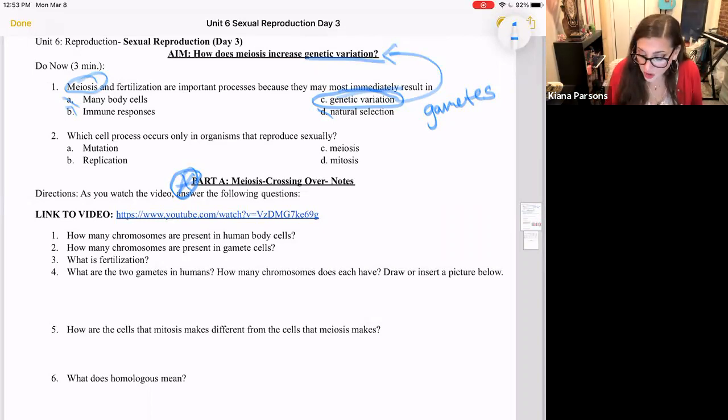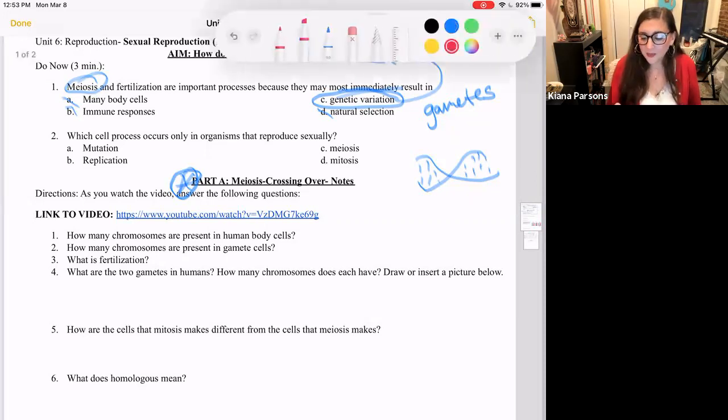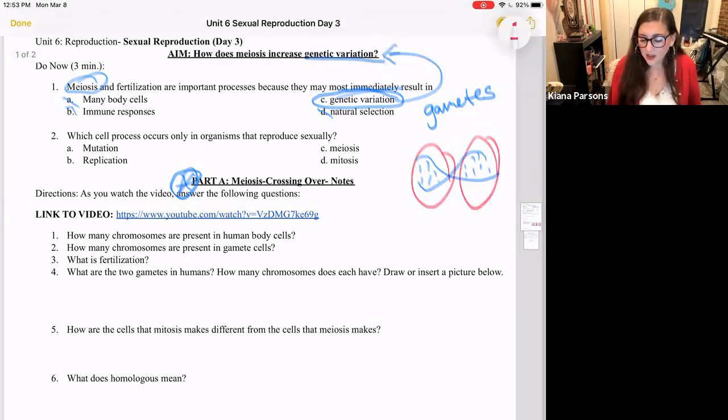When we're looking at the genes of a parent, it's not like this is one sperm cell and this is another sperm cell, but rather that's DNA, if you couldn't tell.